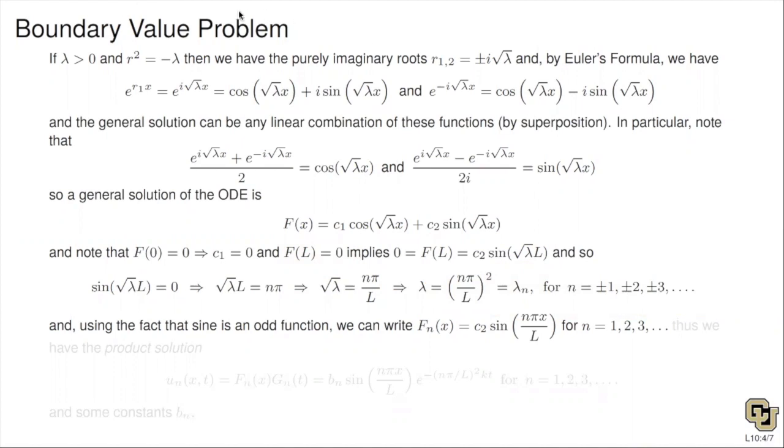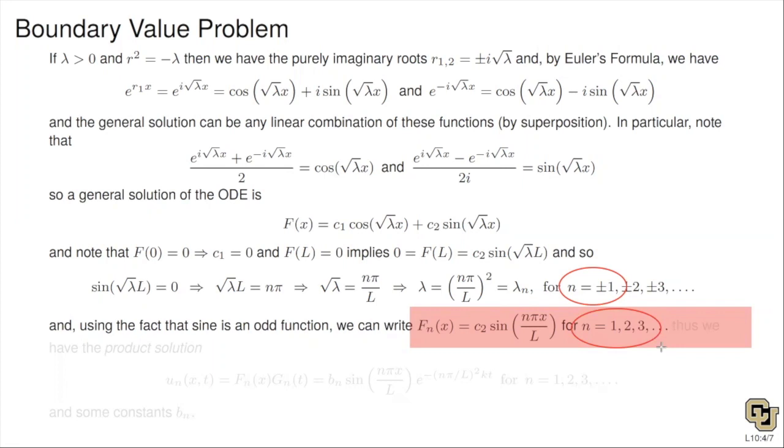And so now we find ourselves in this strange position because this never happened with regular ODEs. We now have infinitely many solutions for the boundary value problem. And here, one subtle point, here n is plus or minus, I'm able to drop the negative because sine of negative x equals negative sine of x.